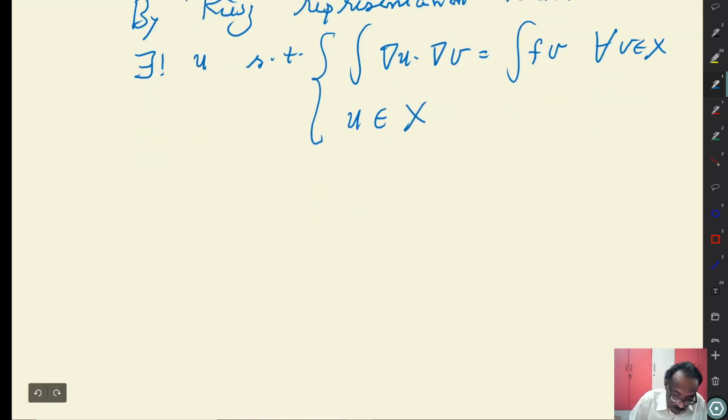u need not be a smooth function. In general, u need not be differentiable.